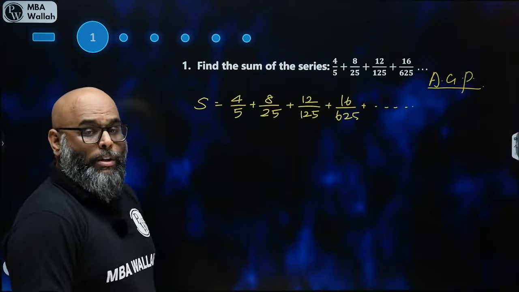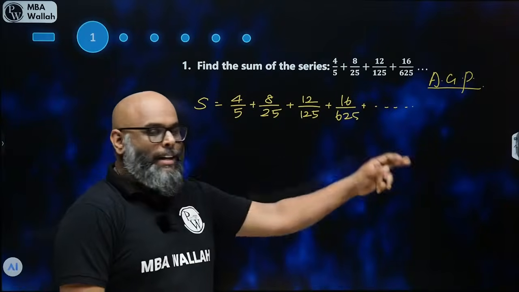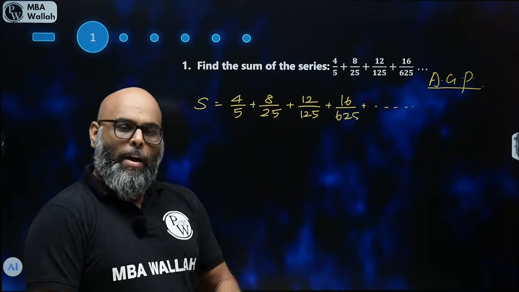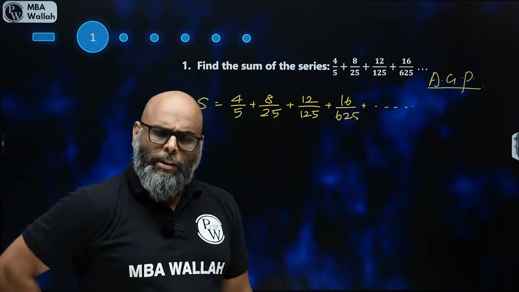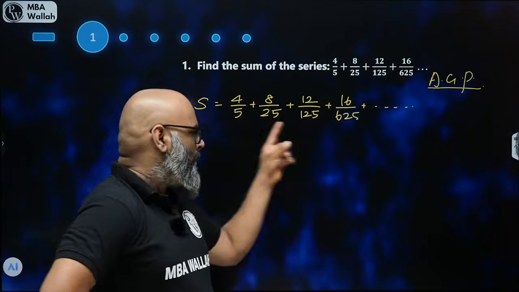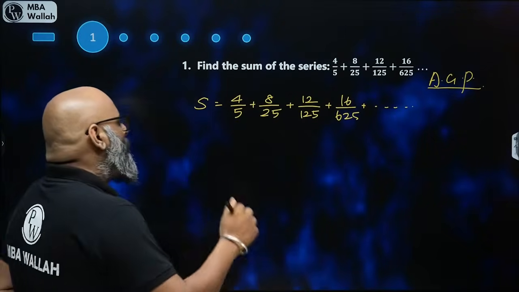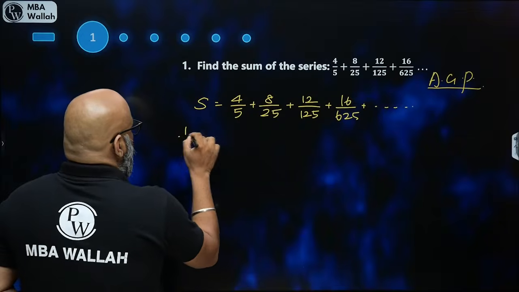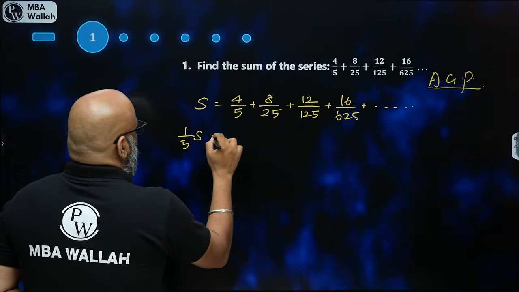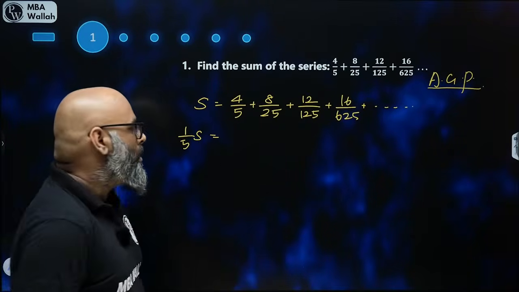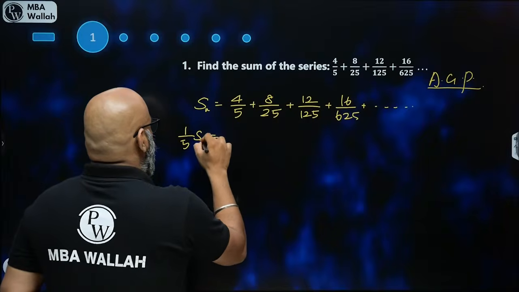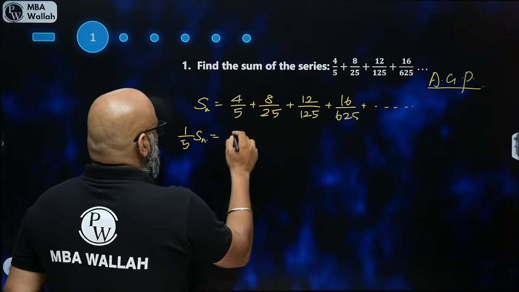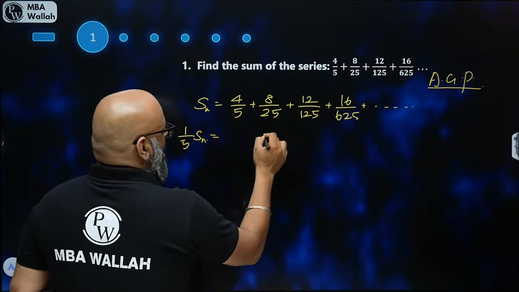So what I'm going to do is multiply this entire series by 1 by 5. I'm simply going to multiply this entire series by 1 by 5. I'll tell you why we are doing it by 1 by 5. When I do it by 1 by 5, it's 1/5 of the summation of n terms. So this will become 4 by 25. I can write it here.